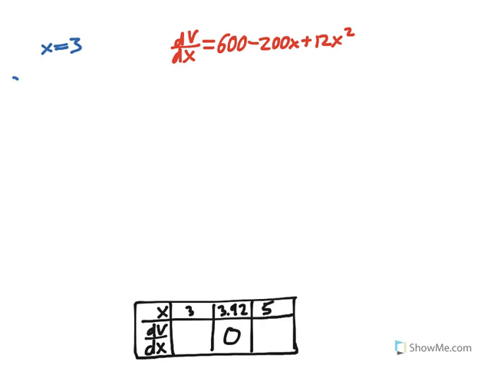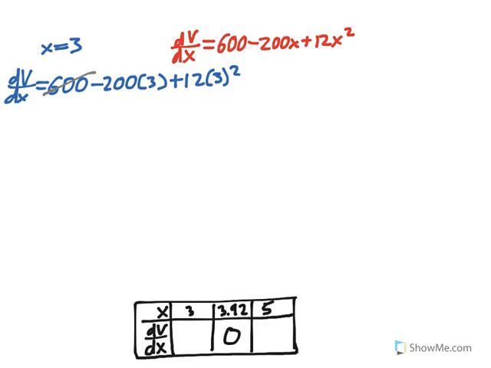So that means that dV/dx is going to be 600 minus 200 times 3 plus 12 times 3 squared. And what do you know? 200 times 3 is 600, so those will cancel each other out. We'll just be left with 12 times 9.